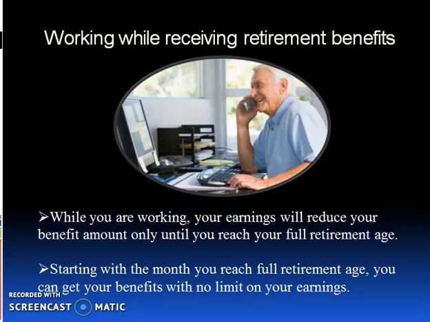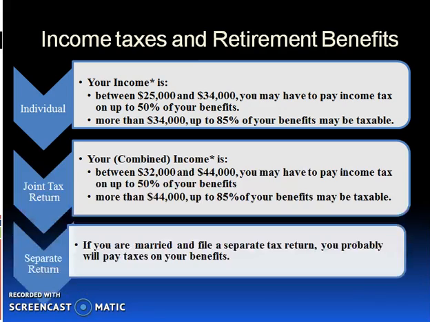After that, the Social Security Administration will recalculate your benefit amount to leave out the months when benefits were reduced due to your excess earnings. While this sounds a little confusing, basically if you're working while receiving retirement benefits, you will still be entitled to a higher benefit amount later on.